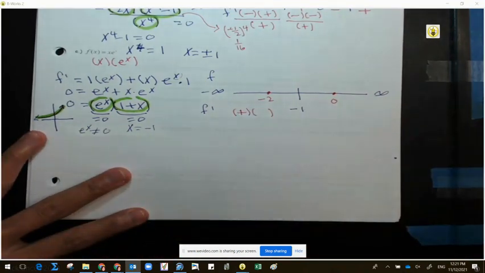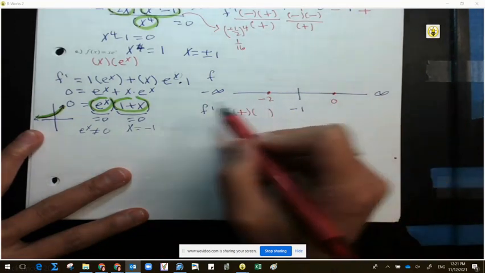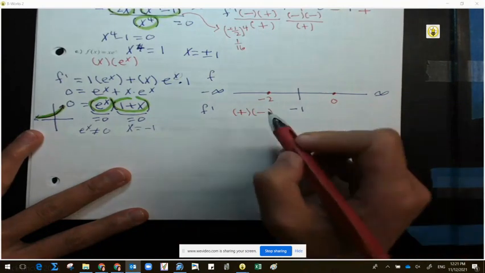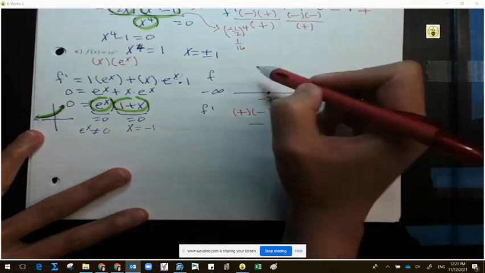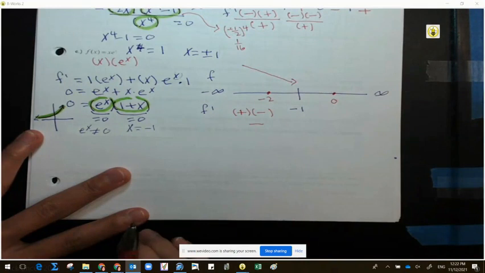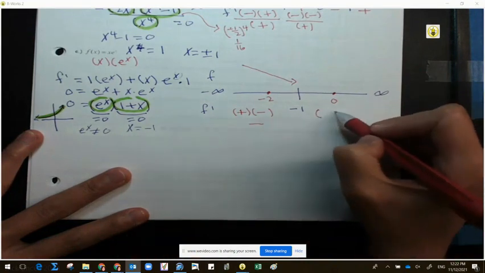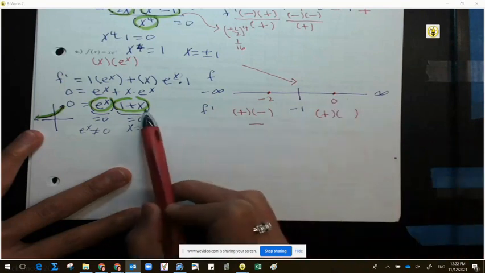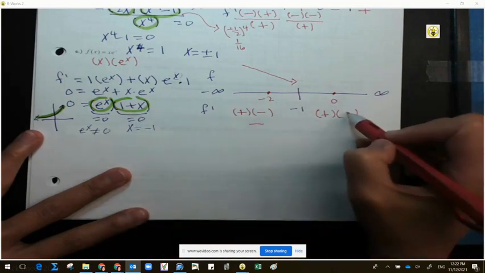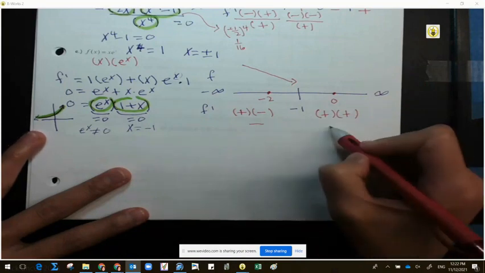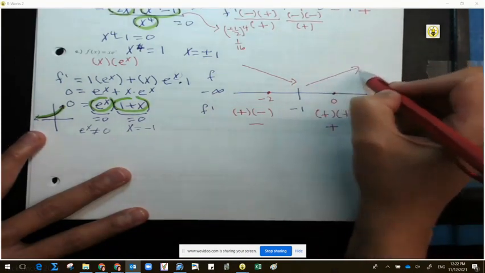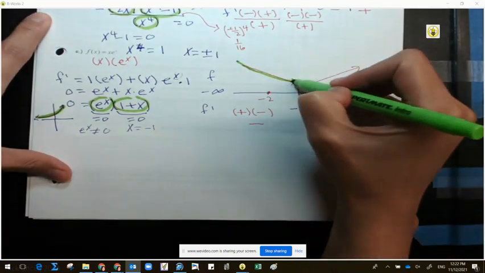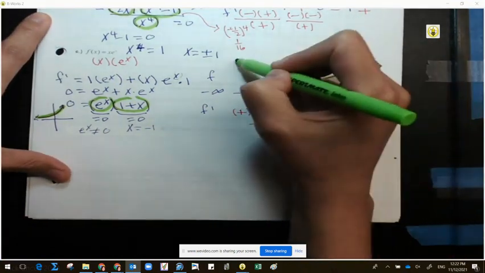Always positive. So I don't even have to plug it in. When I plug in the -2 into 1 plus x, we get a negative. And this will produce a negative answer. So our graph is going down. Now plug in the 0. The first one, again, is always positive. Plugging the 0 into the second portion gives me +1. Again, just positive. So this graph is going to go up. So our function graph is going to look like this.